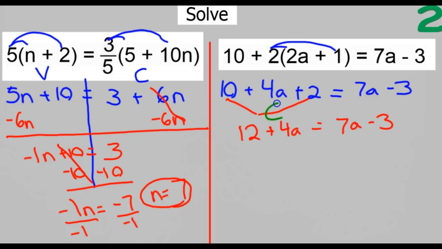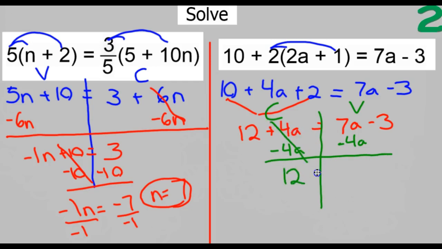I'm going to make a variable and constant side. This time I'm going to make this my constant side and this my variable side. So what I'm going to do is subtract 4a from both sides to get my variables on my variable side. So I get 12 equals 7a minus 4a, which is 3a, minus 3, or not plus 3, minus 3.